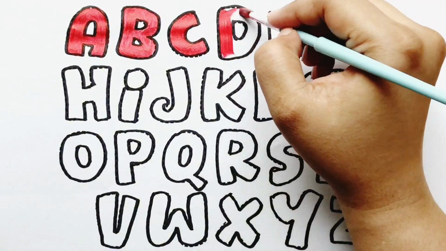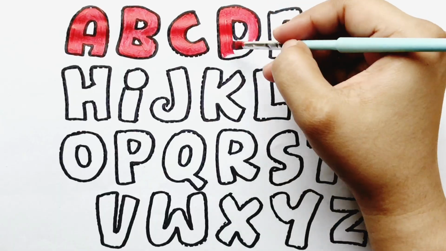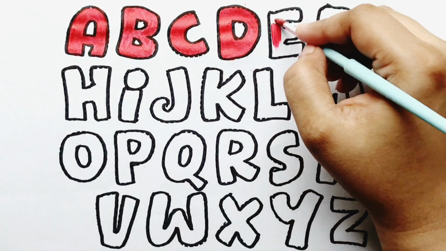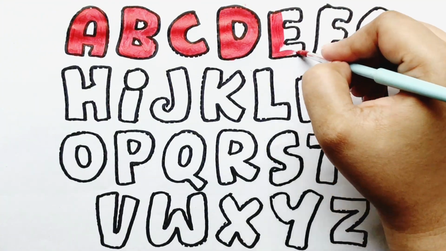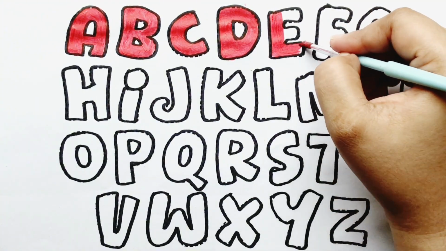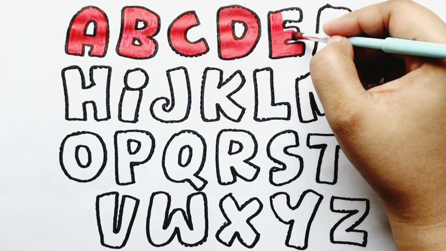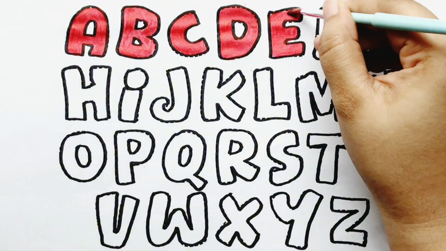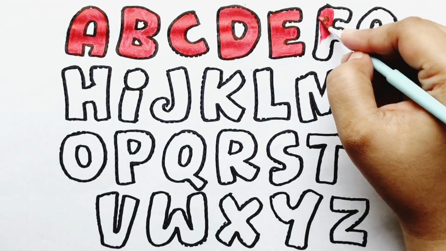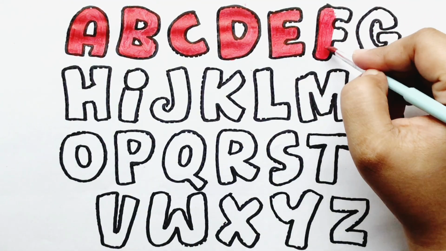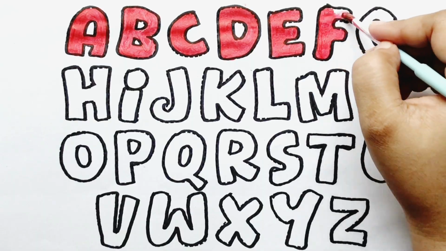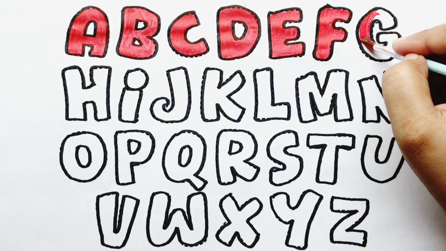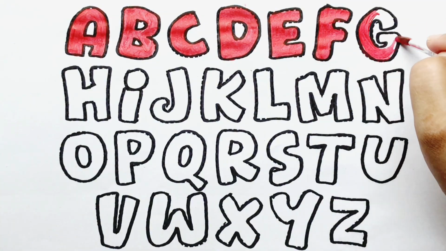D for dolphin. E for egg. F for fan. G for glasses.